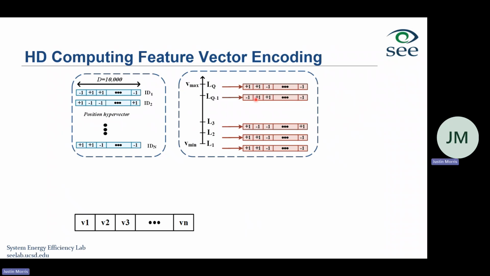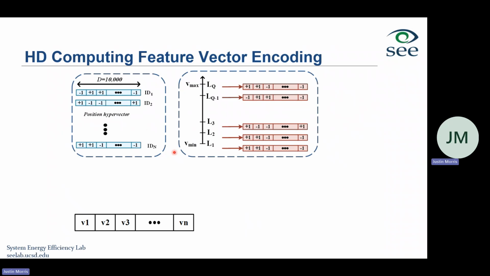And then we take the level hypervector representing 1, mutate it a little more. So 1 and 2 are still very similar, but now 2 and 0 are less similar than 1 and 0. And we do that until the end. And by the time we get to the end, the level hypervector representing 255 should be orthogonal to the hypervector representing 0.